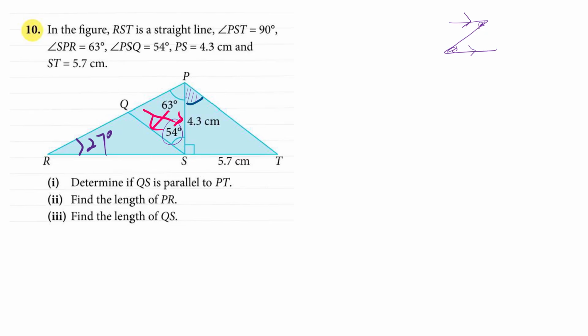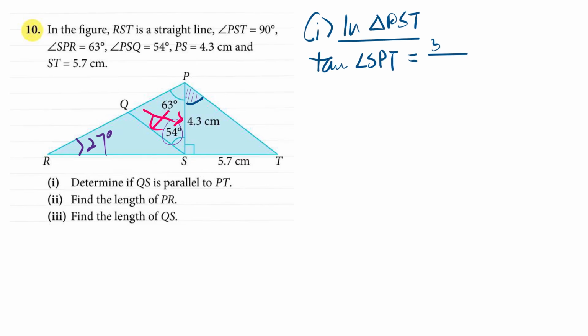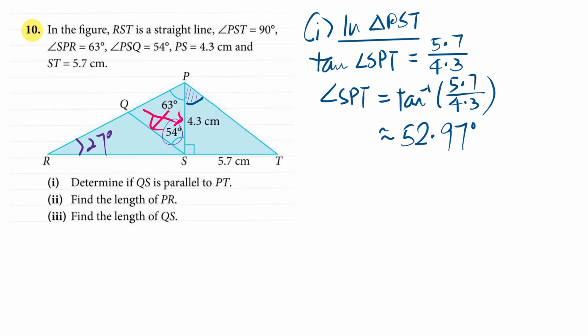To find angle SPT, since triangle SPT is a right angle triangle, we can use SOH CAH TOA. The side opposite angle SPT is 5.7, so that is your opposite side.